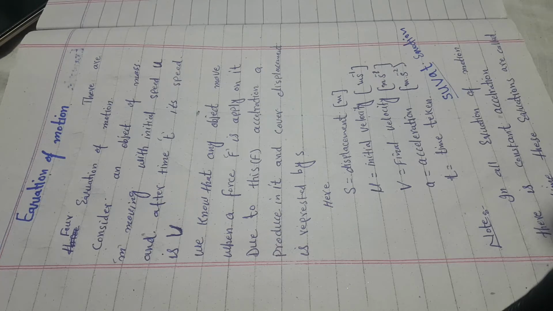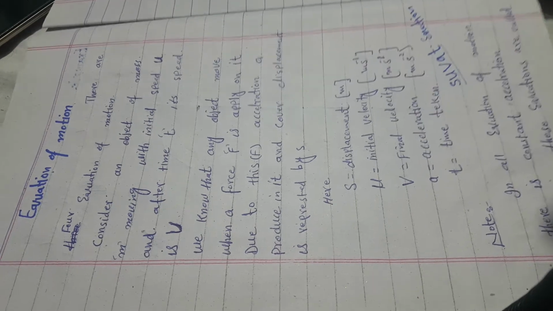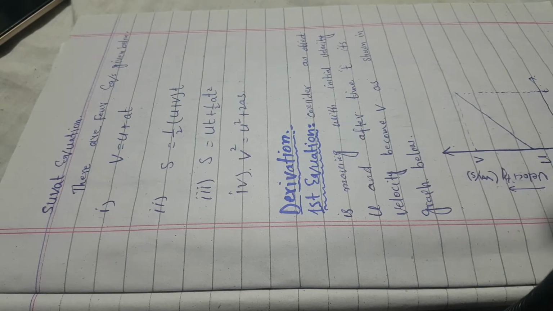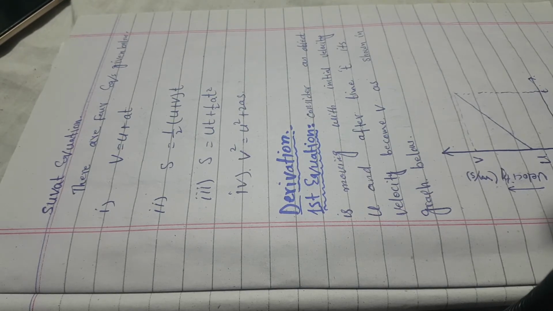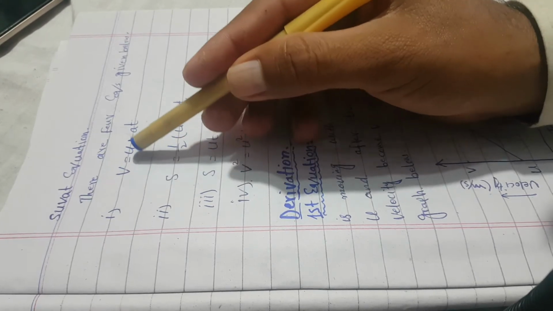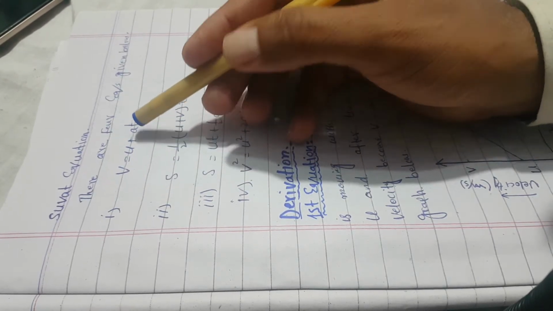So we discuss the SUVAT equations. There are four equations given below. v is equal to u plus at.